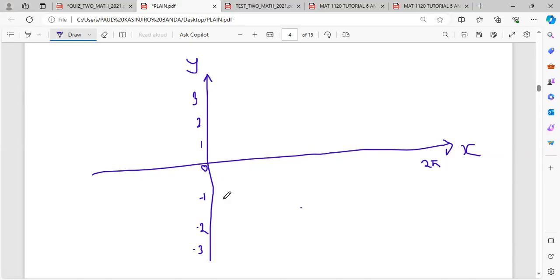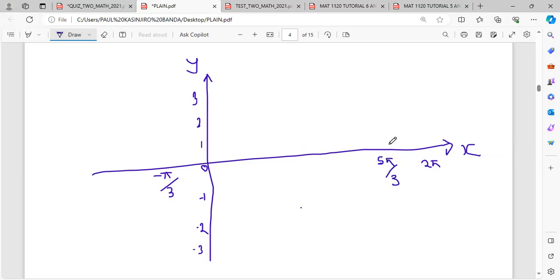Meaning from this 0 here, if the graph was supposed to start from 0, it has shifted to the left by -pi/3. And if it was supposed to end at 2 pi, it has shifted to the left and is now at 5pi/3.